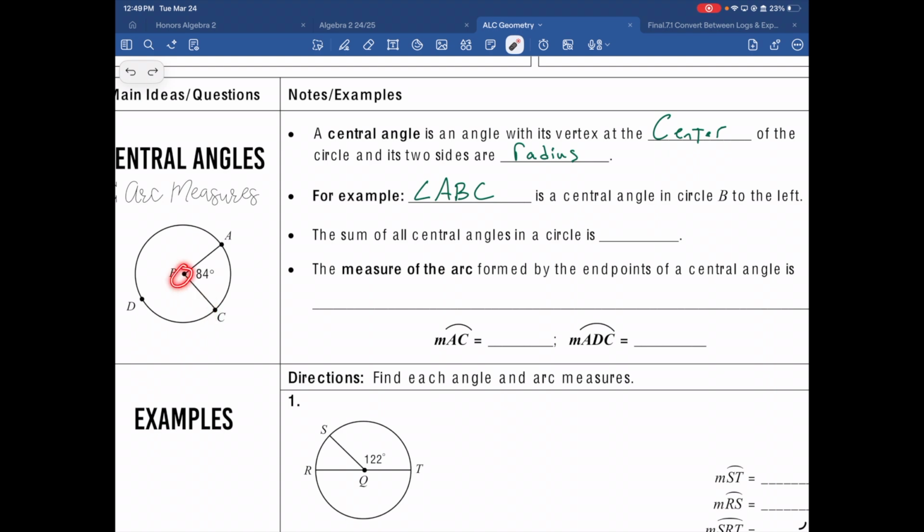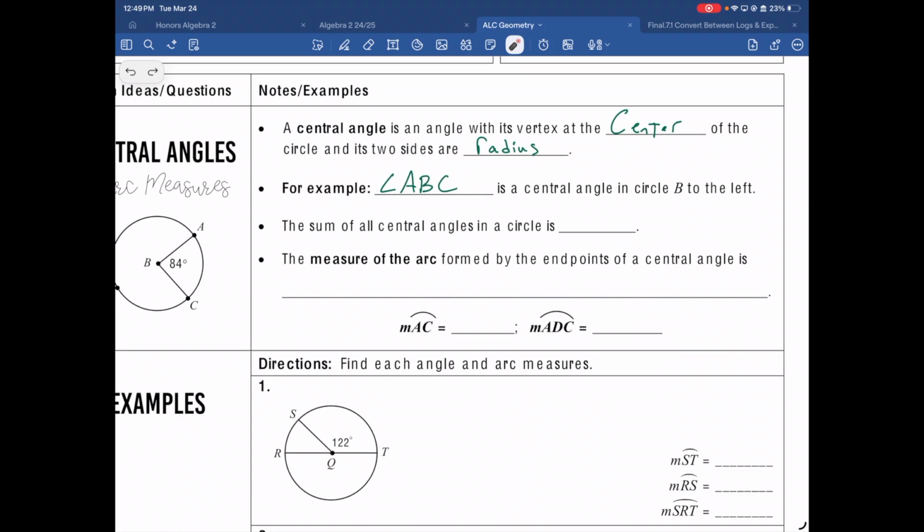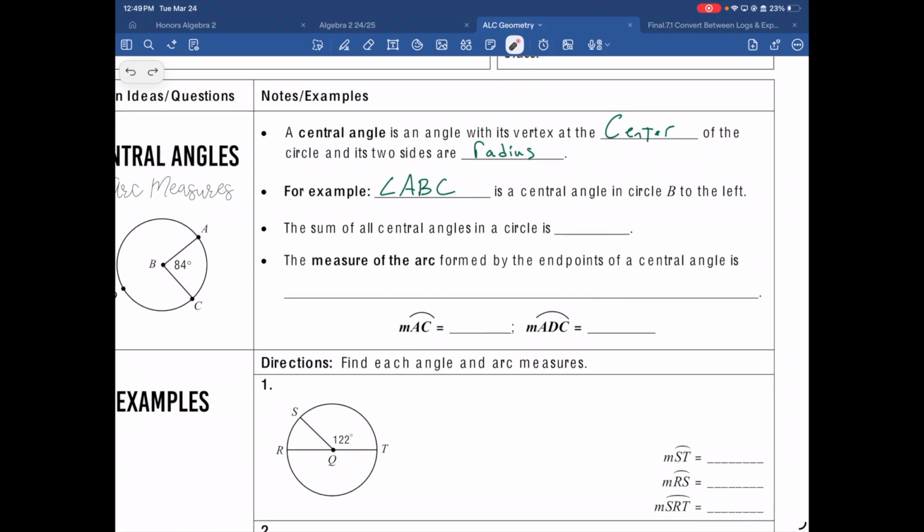They form a vertex at the center of our circle, B, and they create an angle measure. It says this one's 84, and we'll talk about that in just a little bit, but I wanted to reiterate what a central angle is.